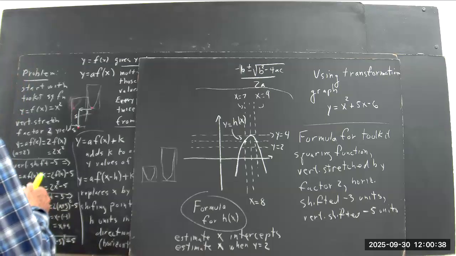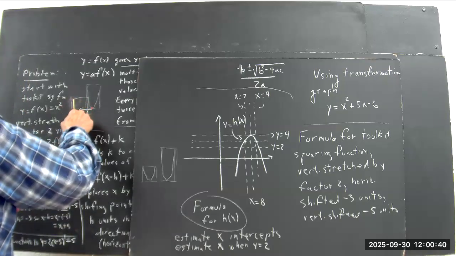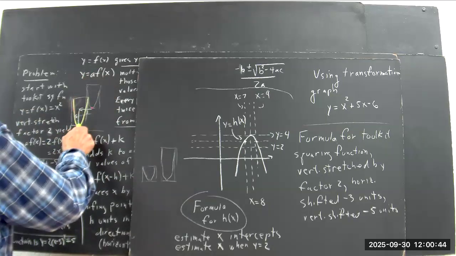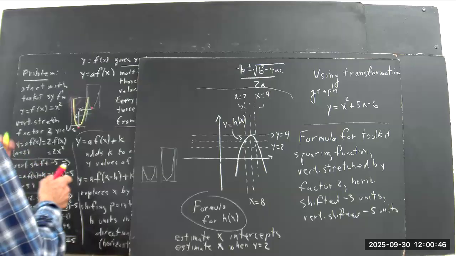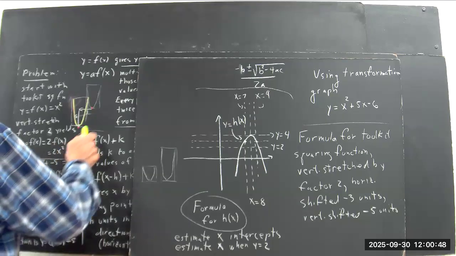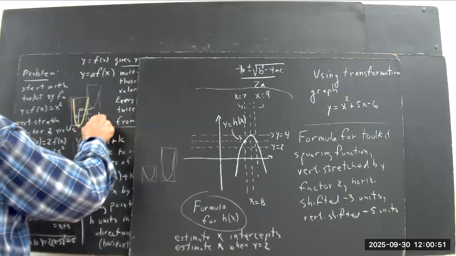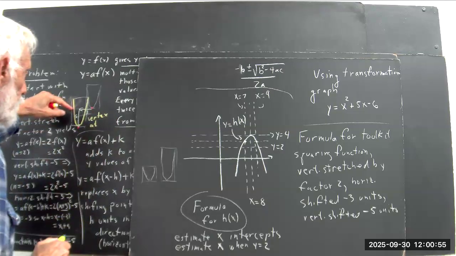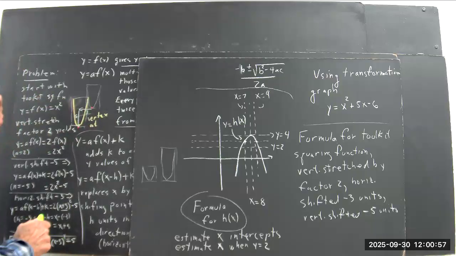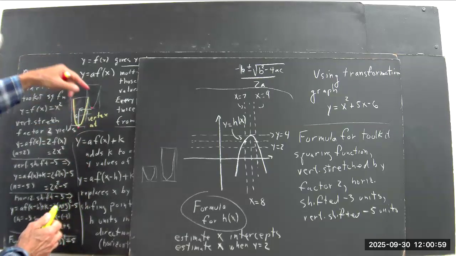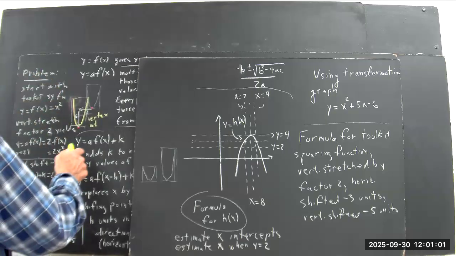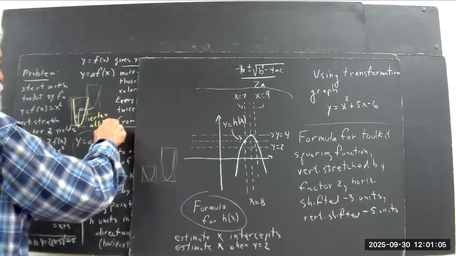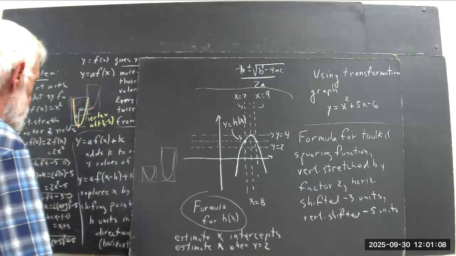With this in the vertex, the vertex started out at the origin, it stayed at the origin when we stretched it, but now we've moved it over to the left and down, so that it's at the point -3, -5.